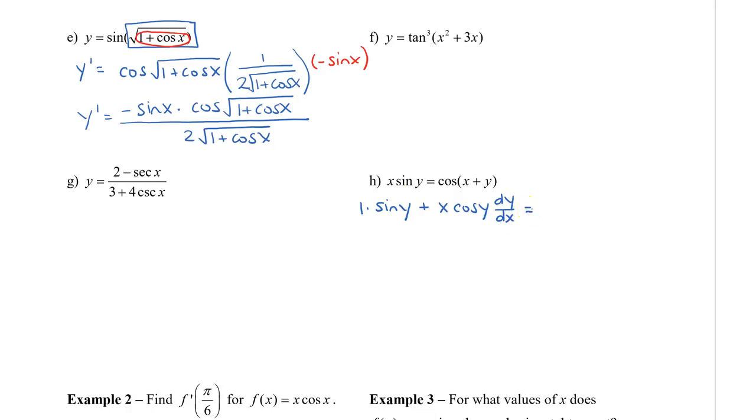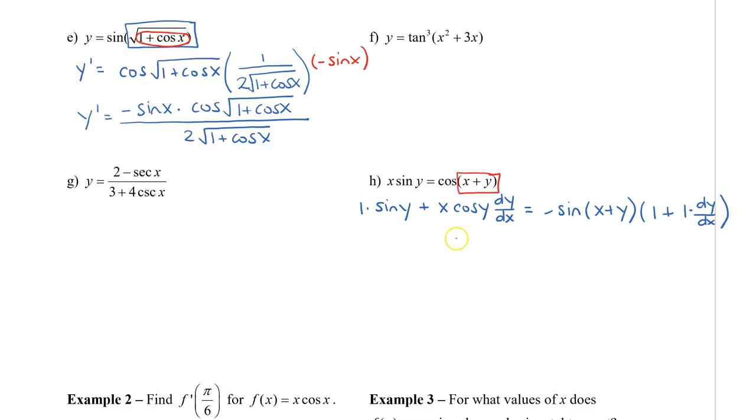On the right side, we take the derivative of cos, which is negative sine. But remember, we leave the inside, so it's going to be x plus y. And now we take the derivative of the inside, which is 1 plus also 1. But because we're taking the derivative of y, we also multiply this by dy dx.